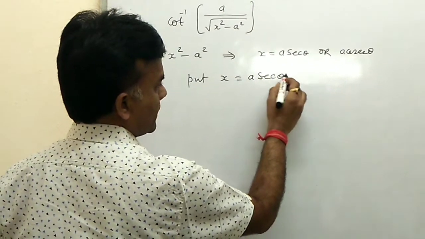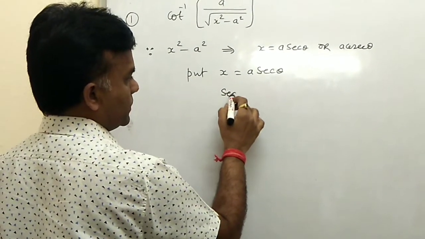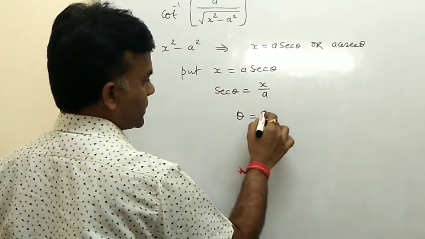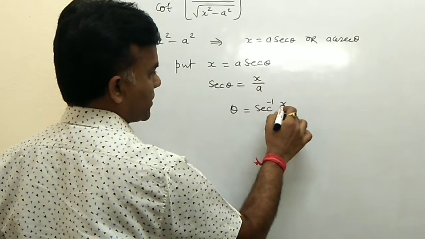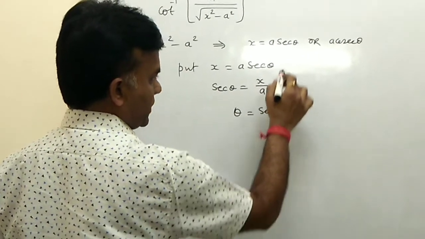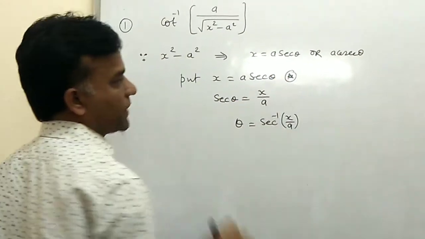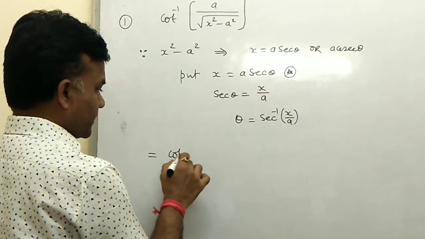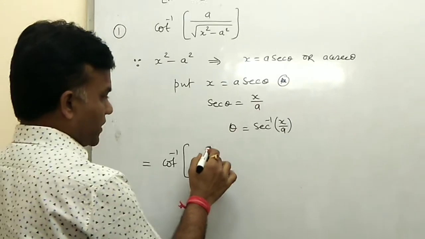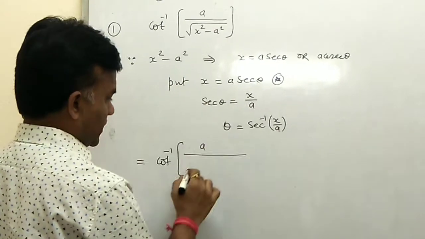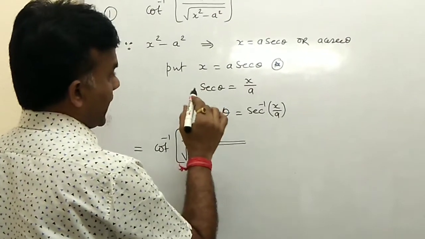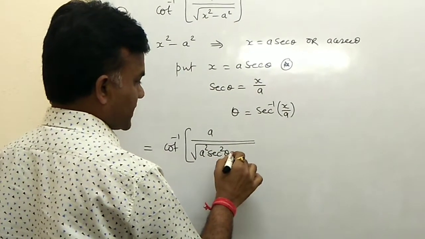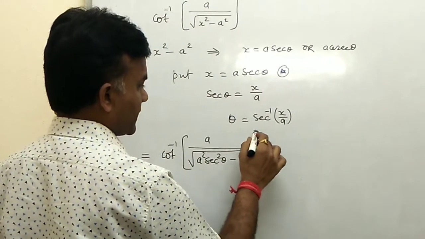So sec theta equals x by a, and theta equals sec inverse x by a. This is the substitution. Putting x equal to a sec theta, we have cot inverse of a as it is, and then under root of x square, meaning a square sec square theta minus a square.